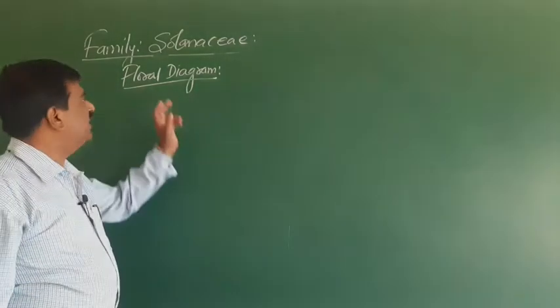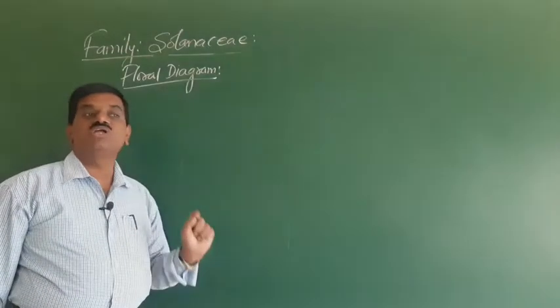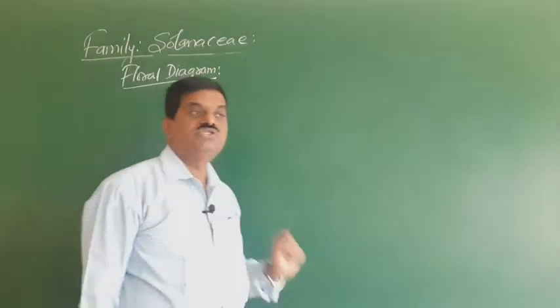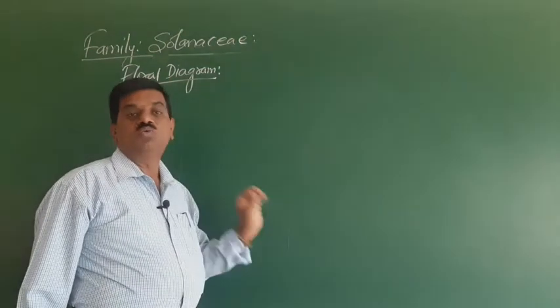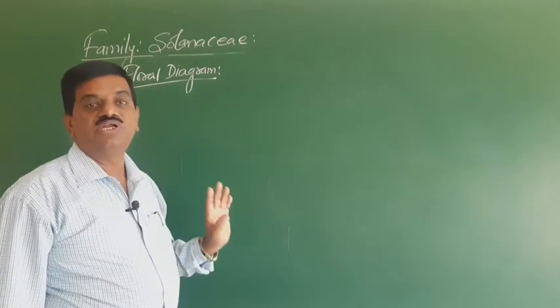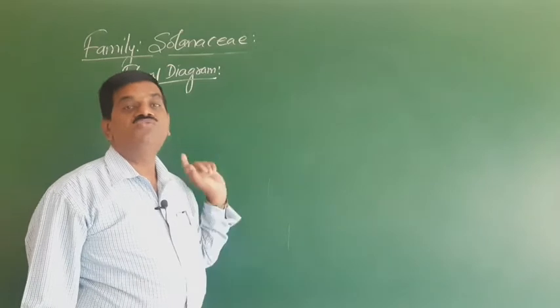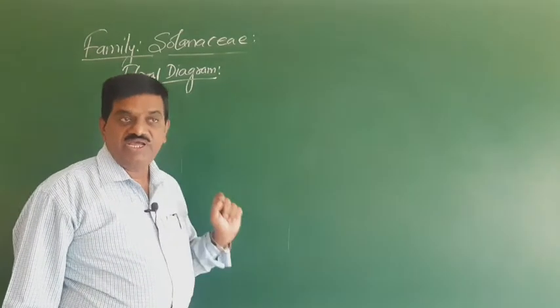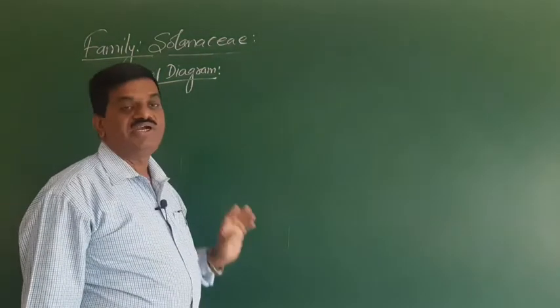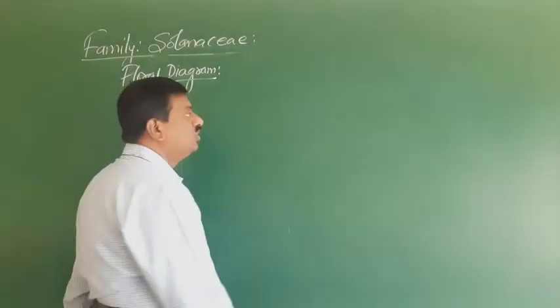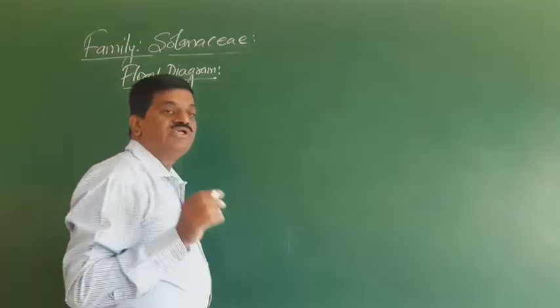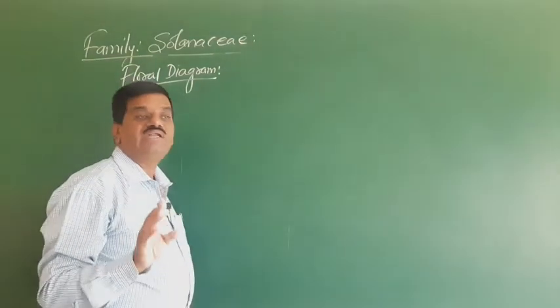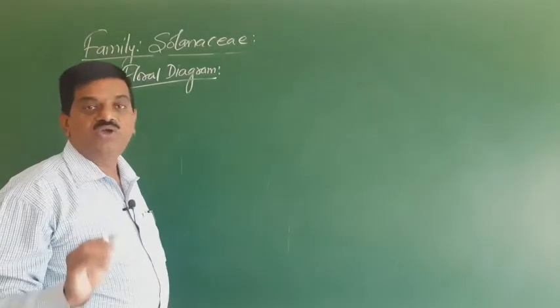So we are going for the next one called as floral diagram. So this is important for exam. Just see how I am going to write the floral diagram. So all the floral parts in a flower are represented in a diagram. So very first one is we are going to write calyx. In a calyx we know that there is a presence of 5 sepals.